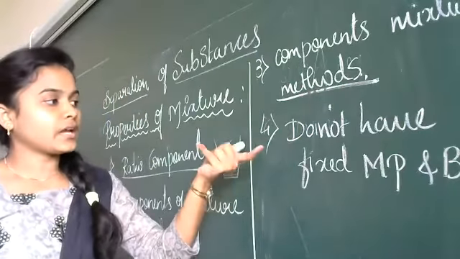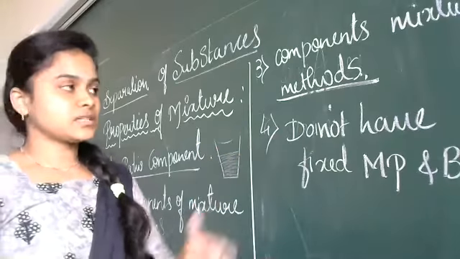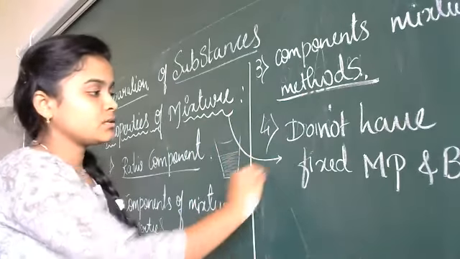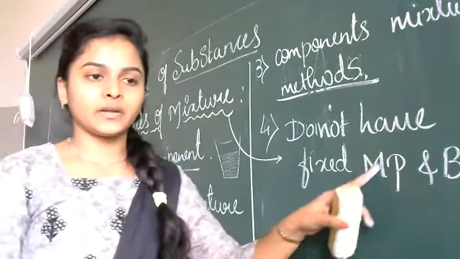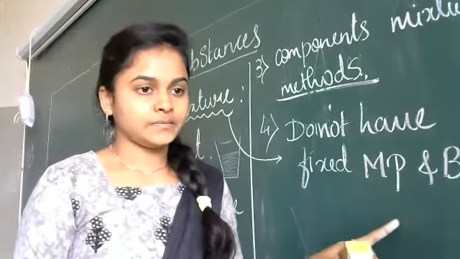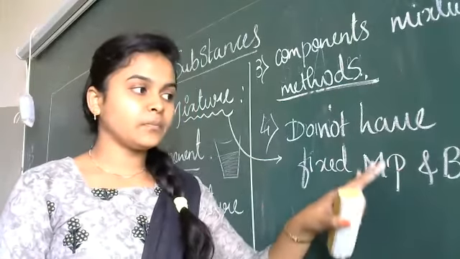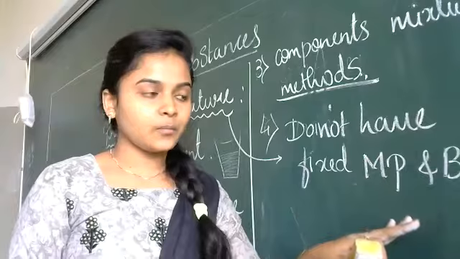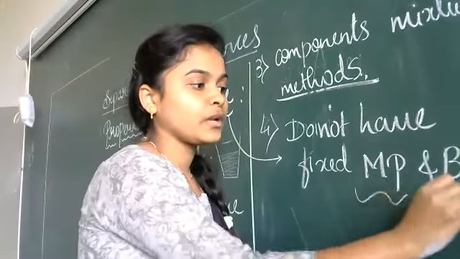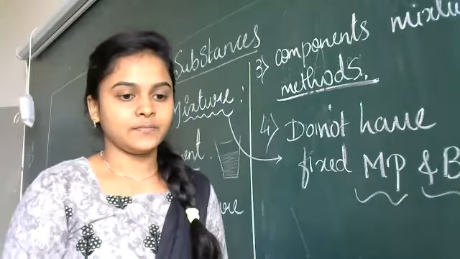Okay. And the fourth property is that mixtures do not have a fixed melting point and boiling point. Just for the time being, you remember this melting point and boiling point. You are going to study about melting point and boiling point in your higher section. Understood?